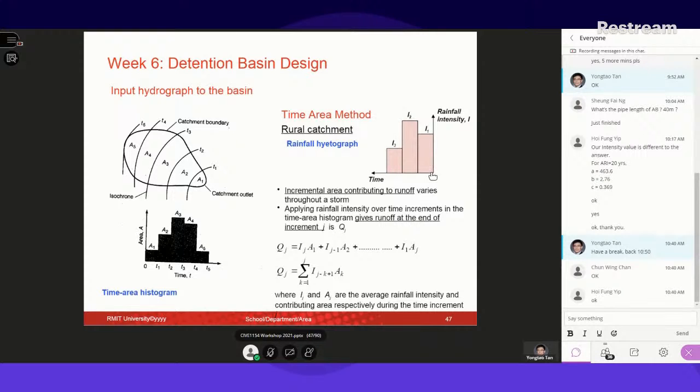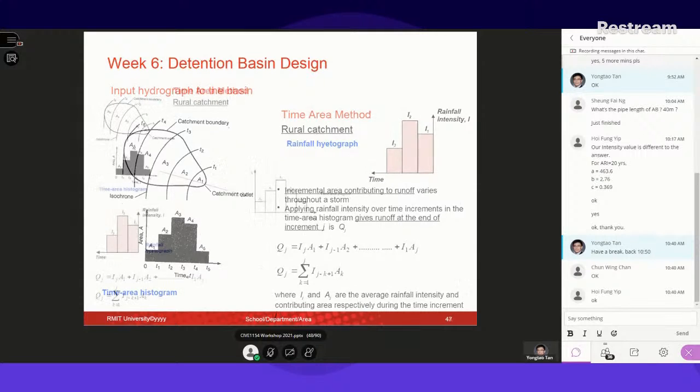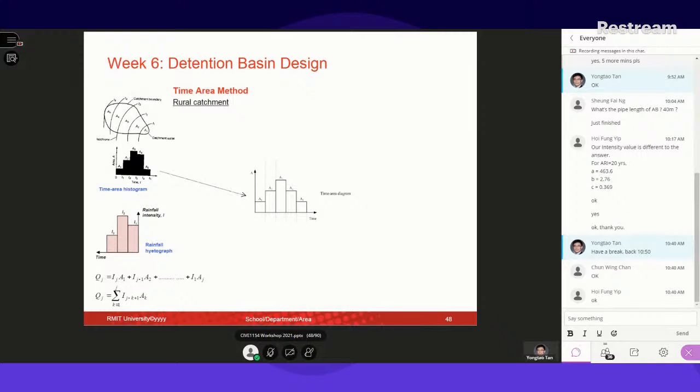Normally we plot the time axis of the hyetograph to the left, so I1, I2, I3. Next, I will show you how to use the time area method.